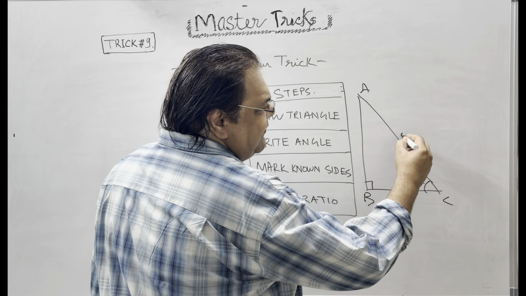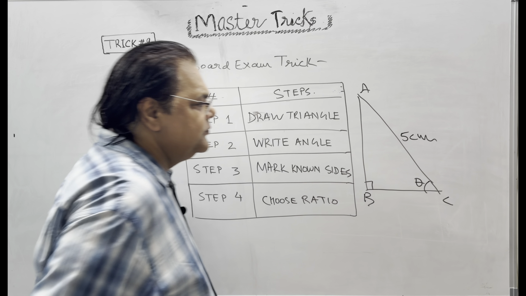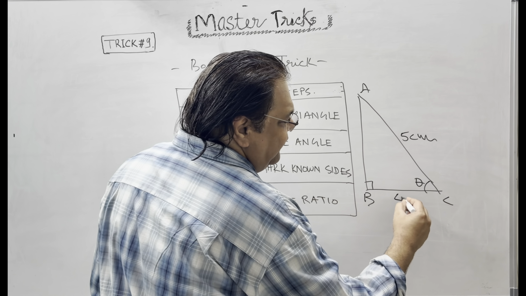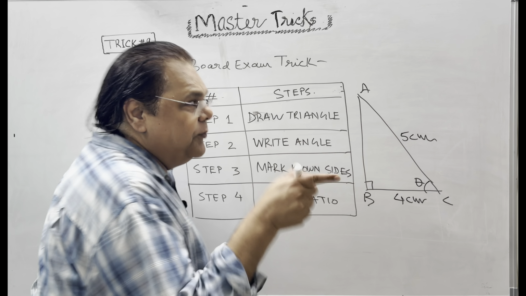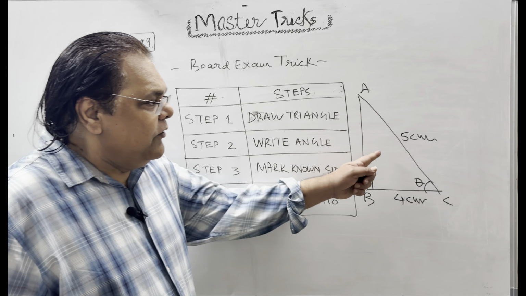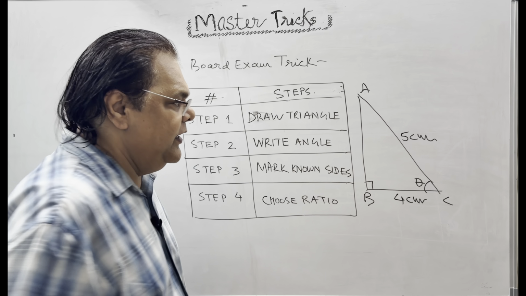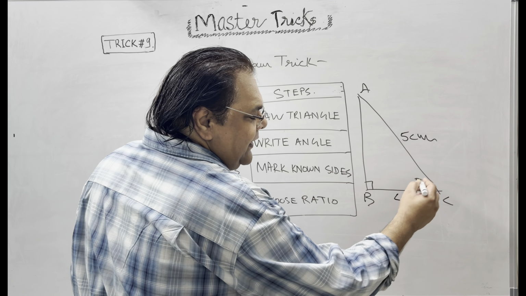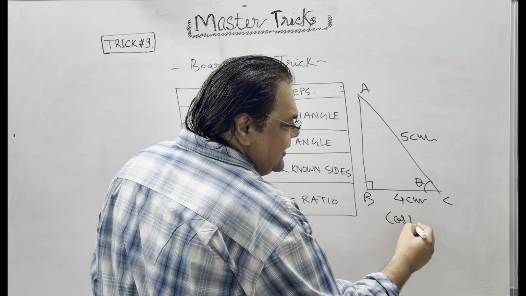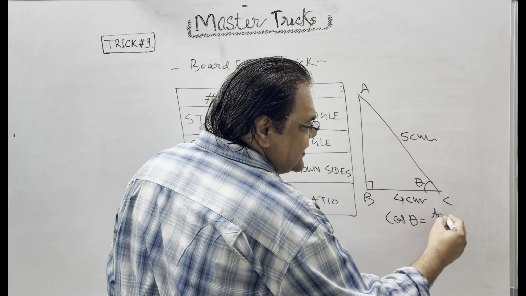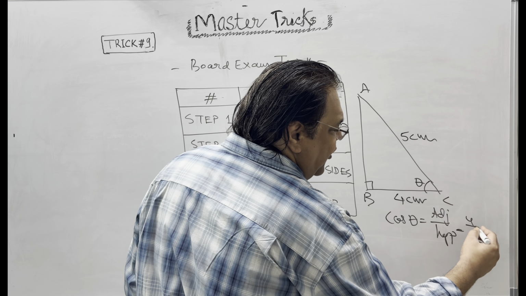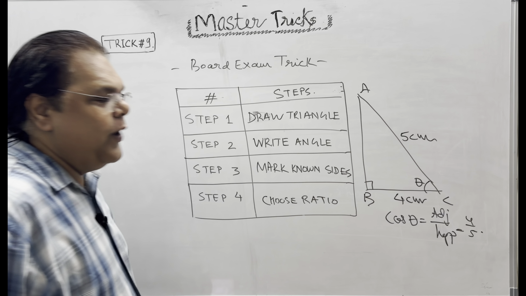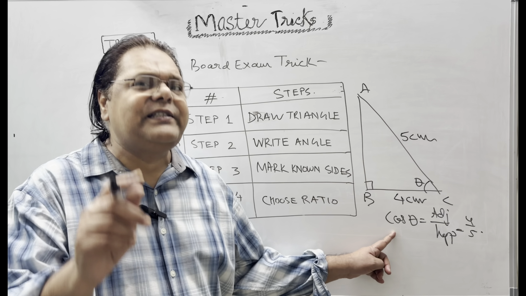Let us say this is given as 5 centimeter and this is given as 4 centimeters. Choose the ratio. From the trick number 8, which ratio has to be taken here? Since cos is equal to adjacent by hypotenuse, which is equal to 4 by 5, you have to take cos here. This is one of the examples.